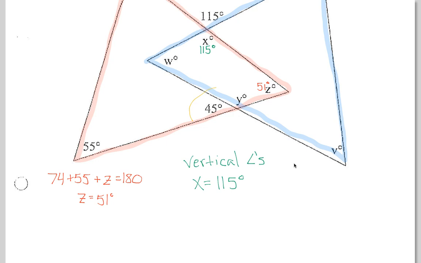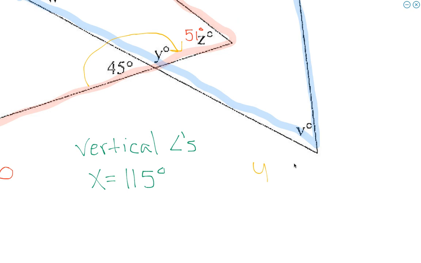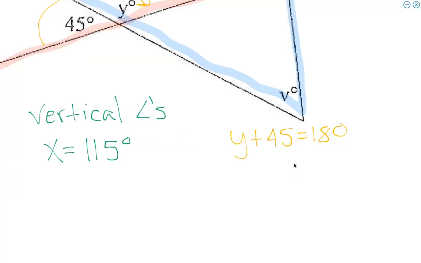Also, Y is supplementary with 45. So Y plus 45 should equal 180. So that means Y equals 135.